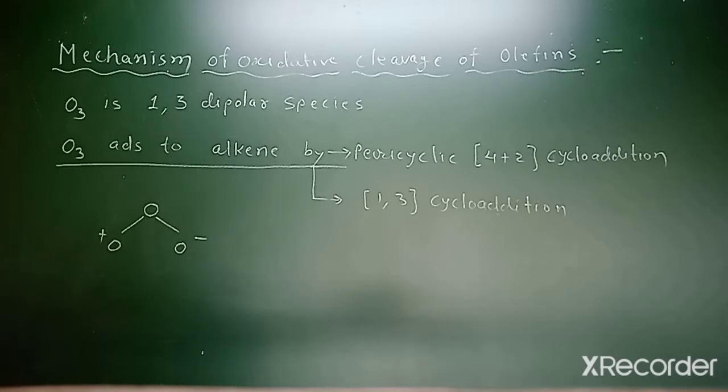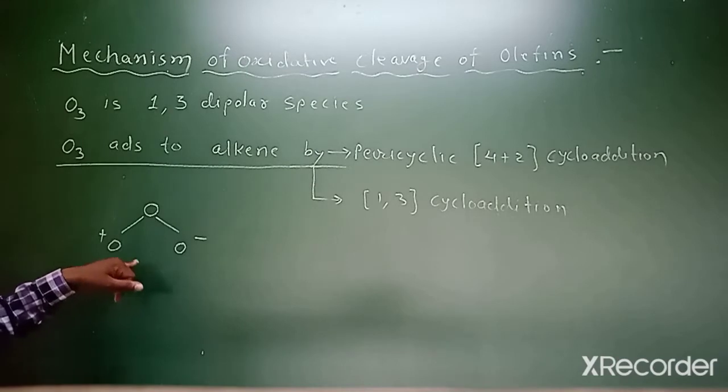Now about O3: O3 is a 1,3 dipolar species. As O3 is a 1,3 dipolar species, O3 adds to alkene also by a 1,3 cycloaddition type of reaction.